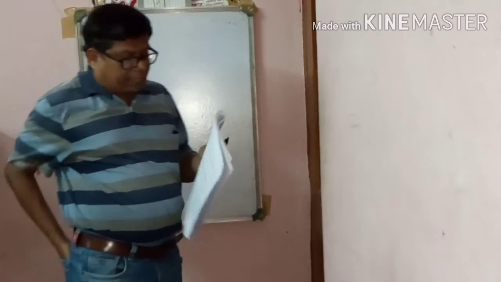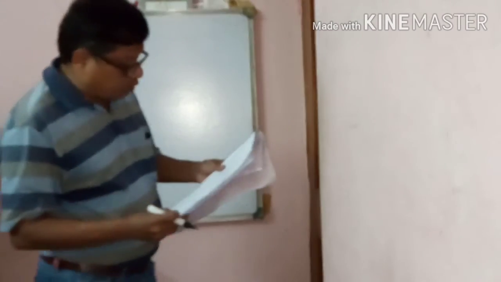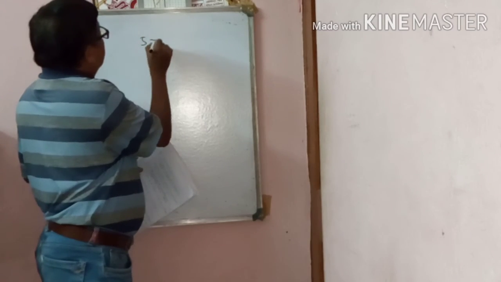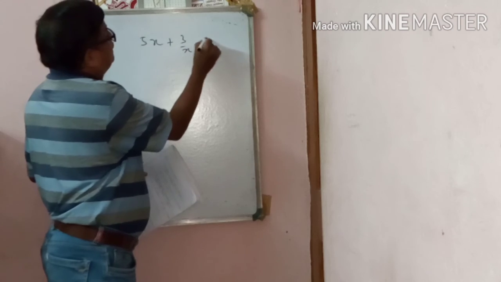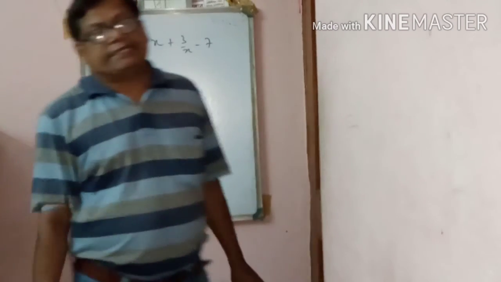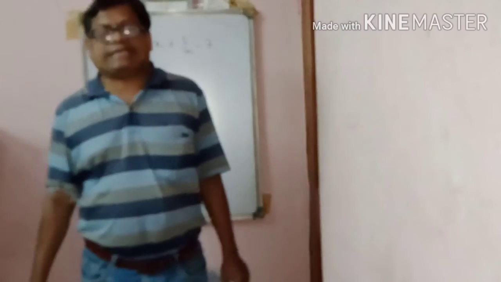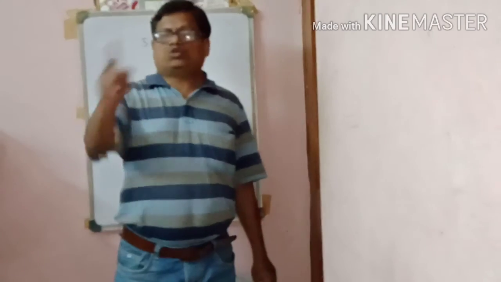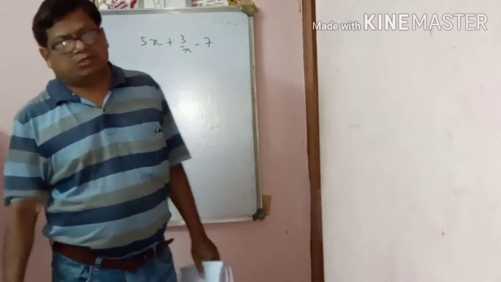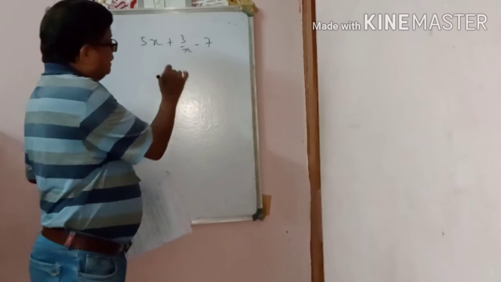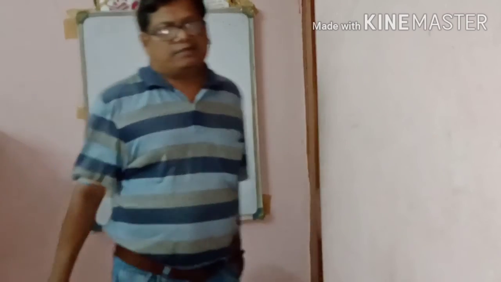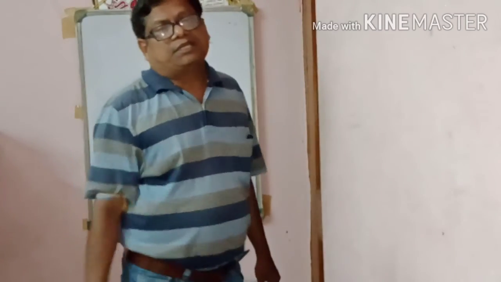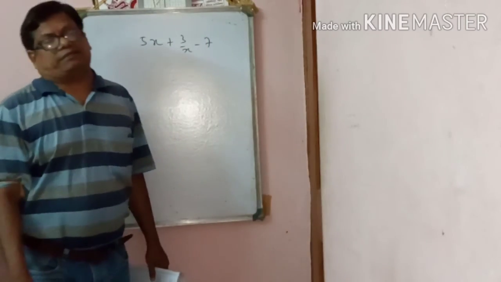Again, we write true or false. Suppose 5x plus 3 by x minus 7 is a polynomial. Is this right or wrong, true or false? Here we know for a polynomial, the power of x should be a non-negative integer.